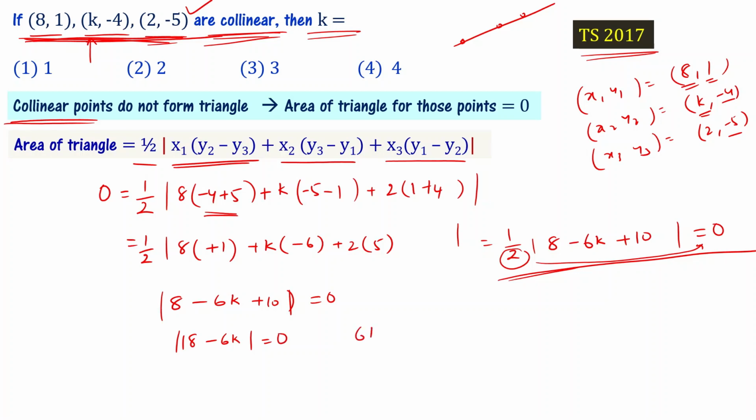It means 6k equal to 18. So k equal to 18 by 6, that is equal to 3. Then what is the value? Choice 3 is the right answer and the value of k is 3. Understood?